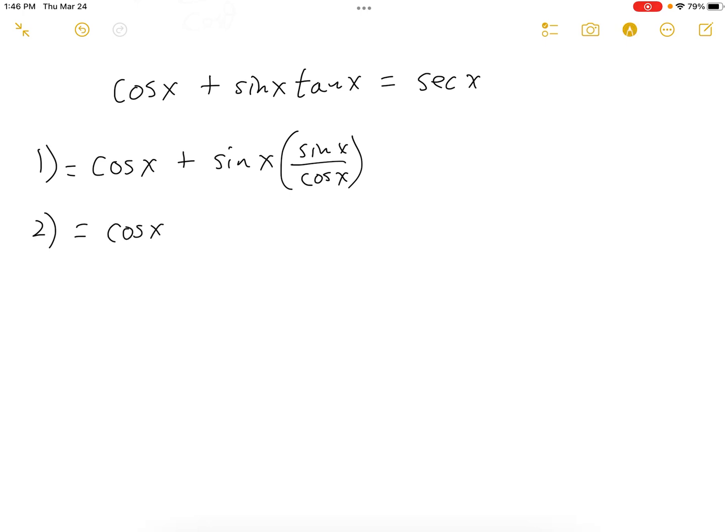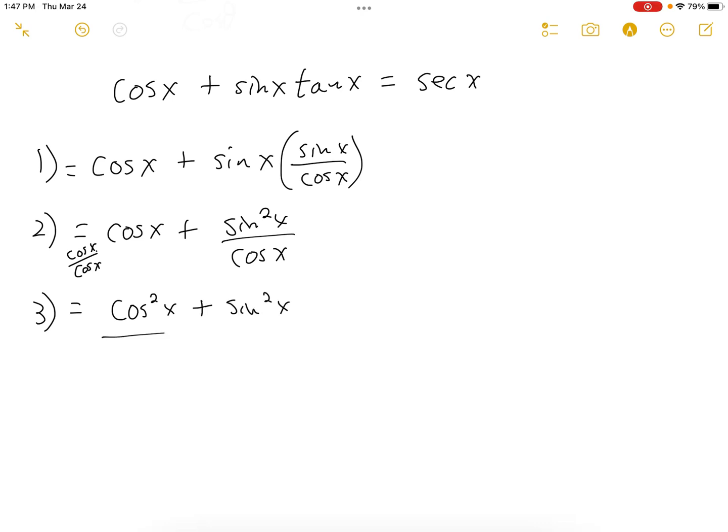Well, that seems to me then that would be sine squared over cosine, because sine times sine. And if you've learned anything so far, we know that we need a common denominator, so I have to multiply cosine by cosine over cosine, which gives me cosine squared x plus sine squared x all over cosine x. And we also know that that is 1 over cosine, because sine squared plus cosine squared is 1.